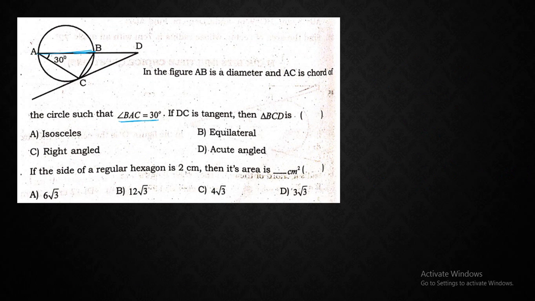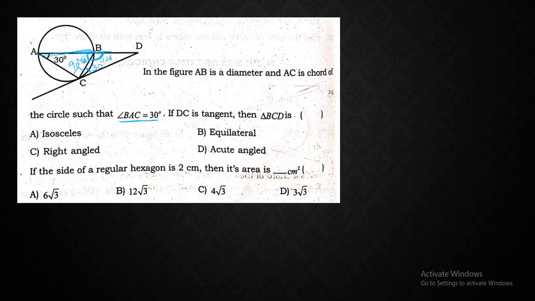If AB is a diameter, that means this forms a semicircle. If this is a semicircle, then simply I can say this angle is 90 degrees. If this angle is 90 degrees, then this angle is 60 degrees, right? If this angle is 60 degrees, then what about this angle? This angle will be 30 degrees and this angle is 120 degrees. If this is 60, then this is 120 because this is a straight line. So this is 120 degrees, right?